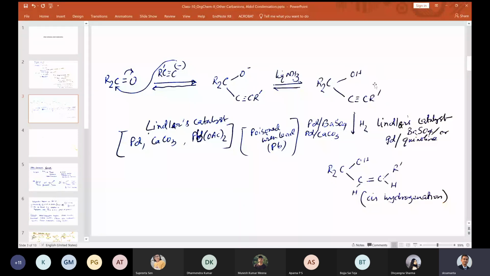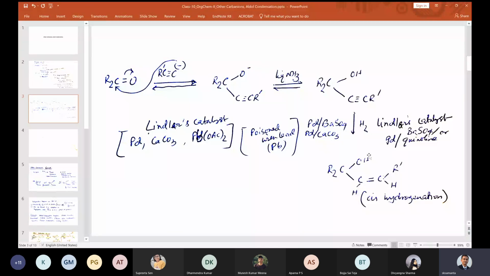Now, what I meant is that this C triple bond C, where you have two carbons, is a functional group which you can further react. Let's say in presence of hydrogen, with palladium on barium sulfate or palladium on calcium carbonate, which is called Lindlar's catalyst. You have studied this one before.